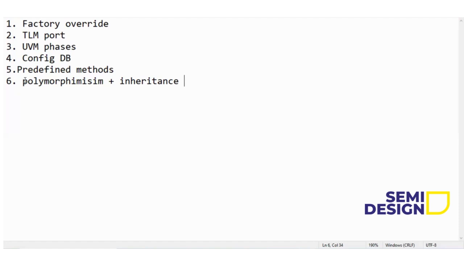Now we will see that in UVM we have two types of components. One is known as UVM object and another is UVM component.